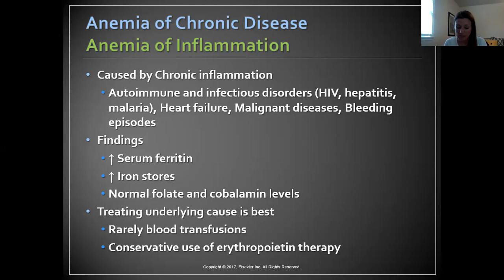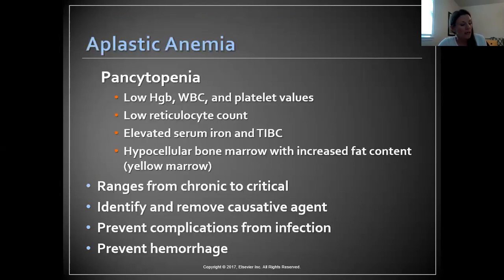Typically, this type of anemia is mild and treatment is based on correcting the underlying cause. If it is severe, blood transfusions may be indicated, but they are not recommended for long-term treatment. Erythropoietin therapy can also be considered for anemia related to renal disease, but should be used conservatively as there is an increased risk of thromboembolism in some patients.